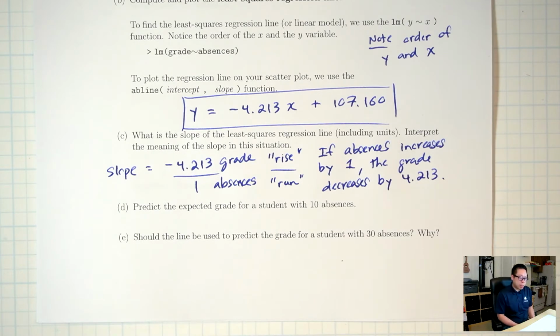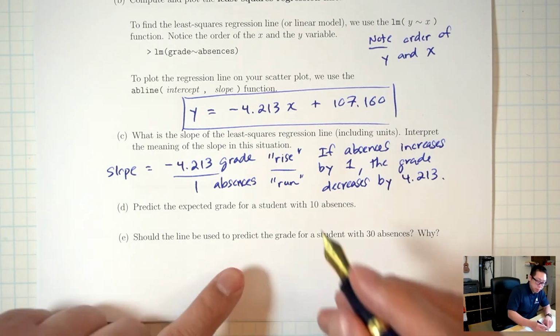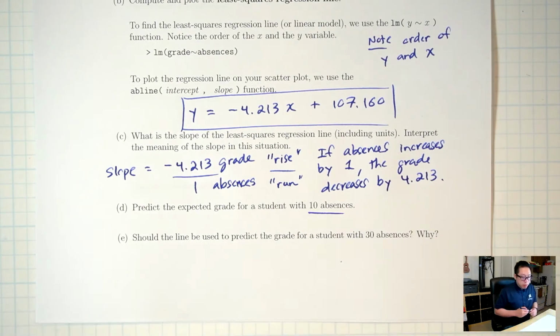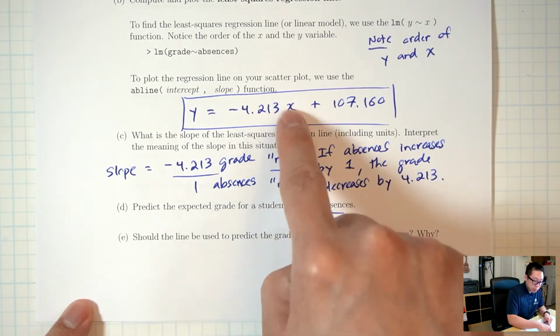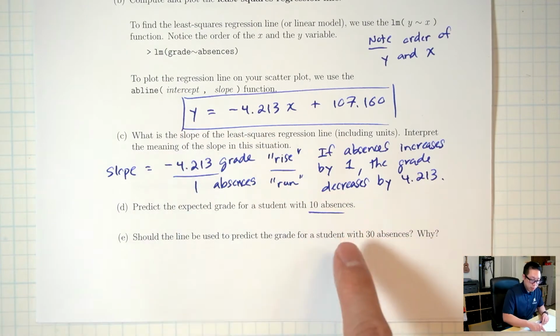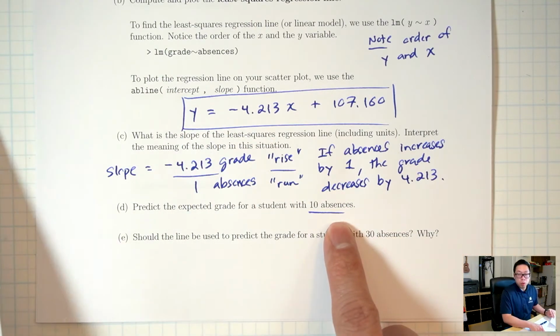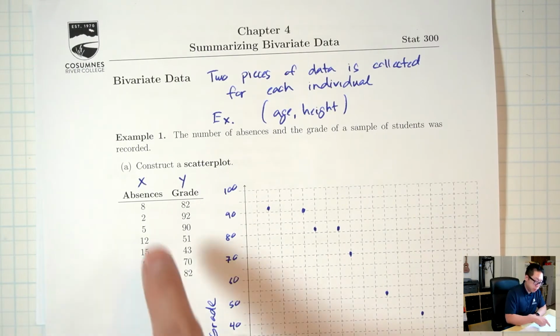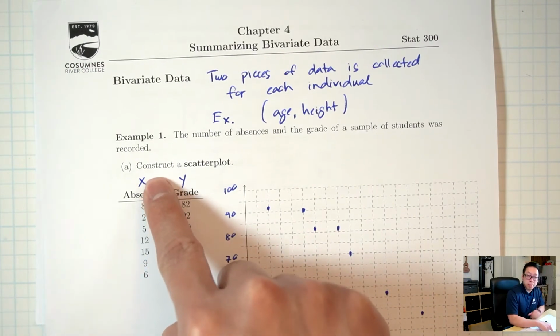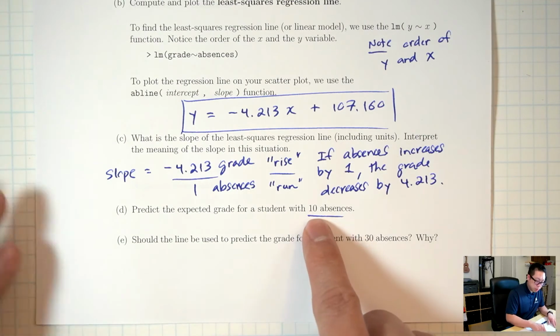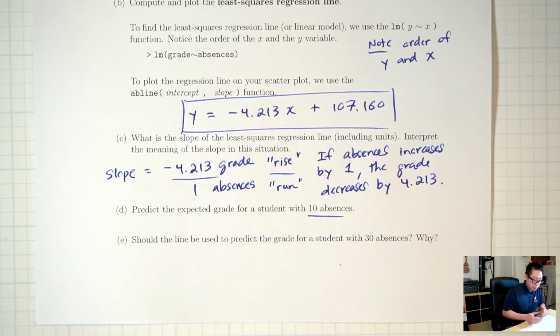Part D, predict the expected grade for a student with 10 absences. We're going to take this 10 and plug it into our equation. The question is, do we plug it into the x or do we plug it into the y? So this is absences. Which variable is absences, x or y? X. So 10 absences should go in for the x.